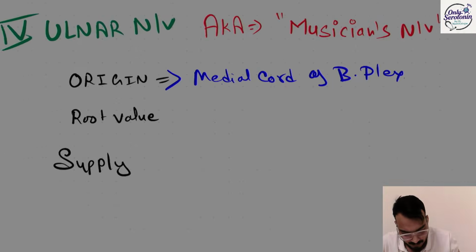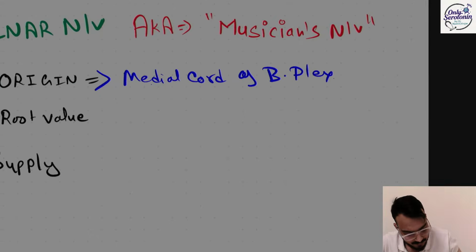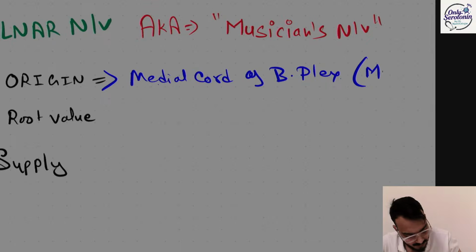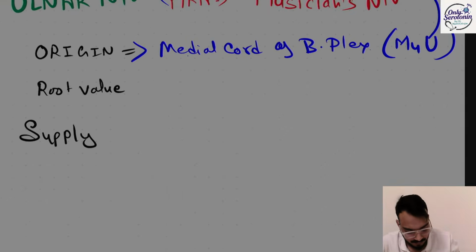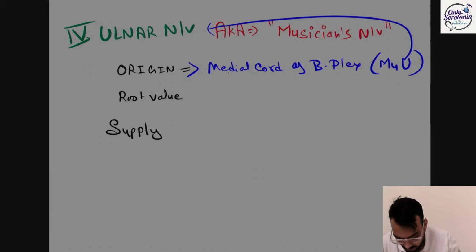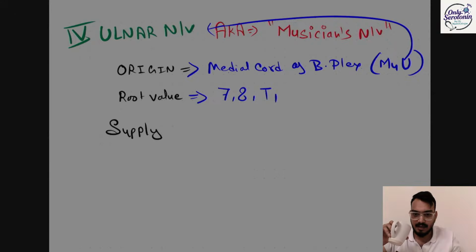What did we study in the medial cord? Mudit sir is for you, right? U is ulnar. Then what will be the root value, guys? Root value will be C7, C8 and T1.